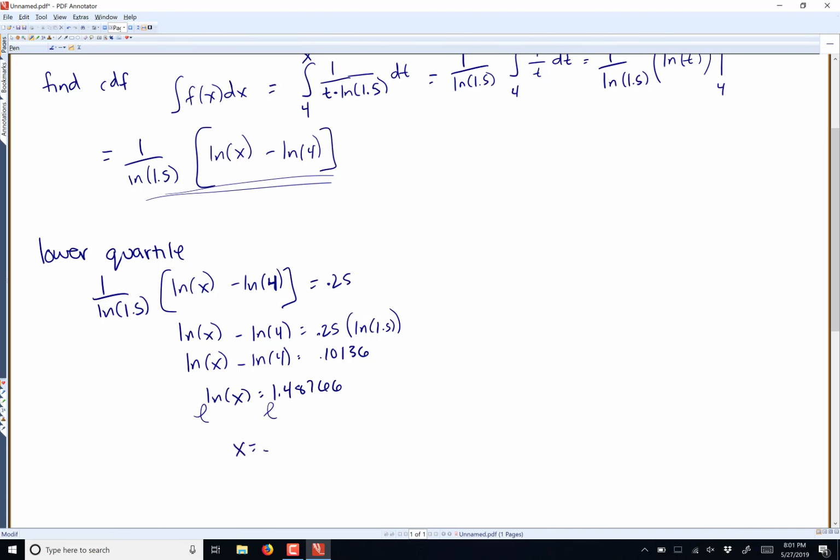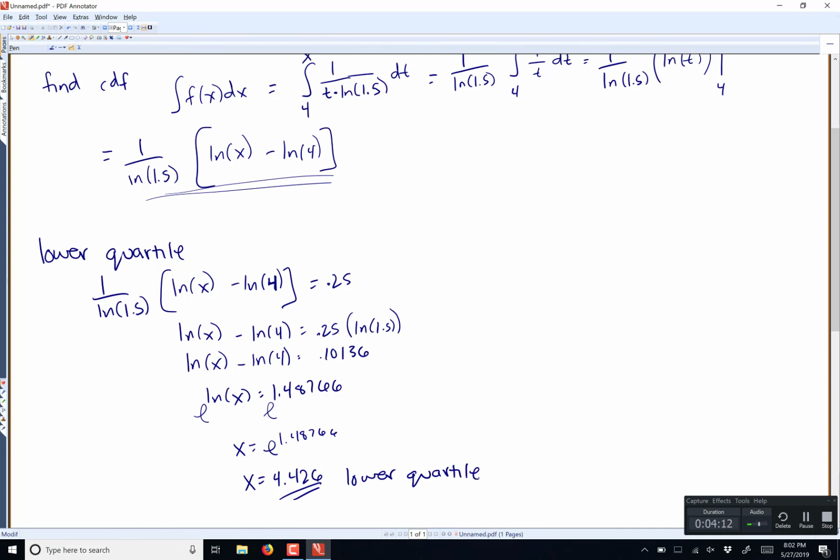So we'll get x equals e to the 1.48766. So x equals 4.426. That is our lower quartile.